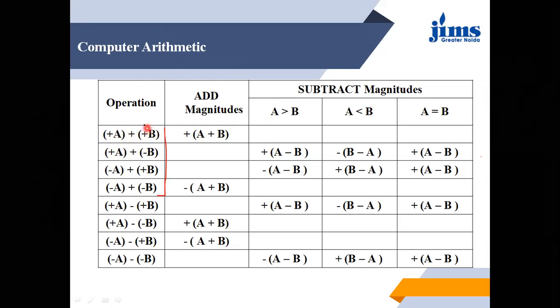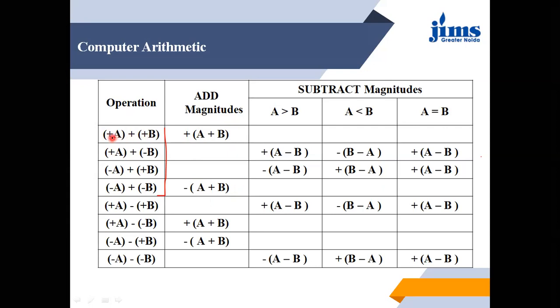If the sign of both the numbers is the same, as plus A and plus B, or minus A and minus B, then we have to add the two numbers, A plus B, and the sign of the result will be equal to the sign of A, or the sign of B, because both are the same.